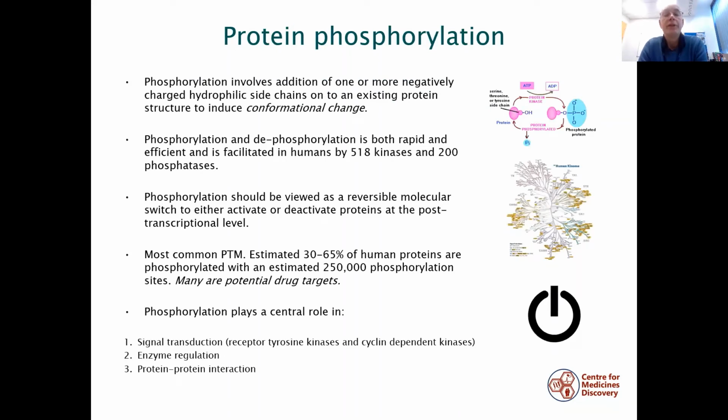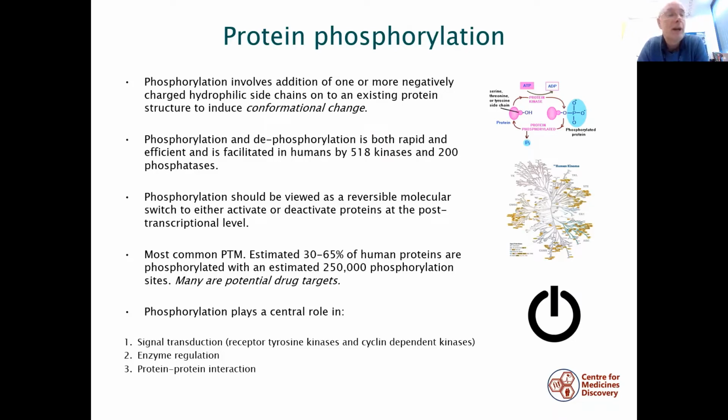So to begin, let's just remind you of the importance of protein phosphorylation. What happens in protein phosphorylation is essentially the addition of one or more negatively charged hydrophilic side chains onto an existing protein, and the function of that is to induce conformational change. So proteins can be phosphorylated, they can be dephosphorylated.